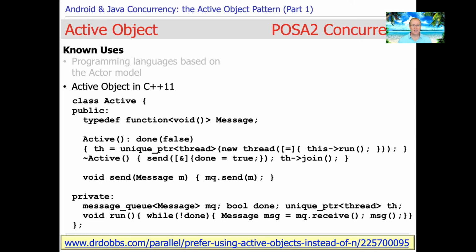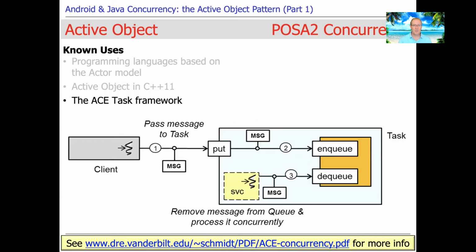And when the constructor is run, it's going to create a new thread that calls the run method. The run hook method just waits until the object goes away, and it pulls the messages off the queue and executes them. So a very simple example, not necessarily the world's most profound example of active object in C++, but it's very concise and gets the point across.